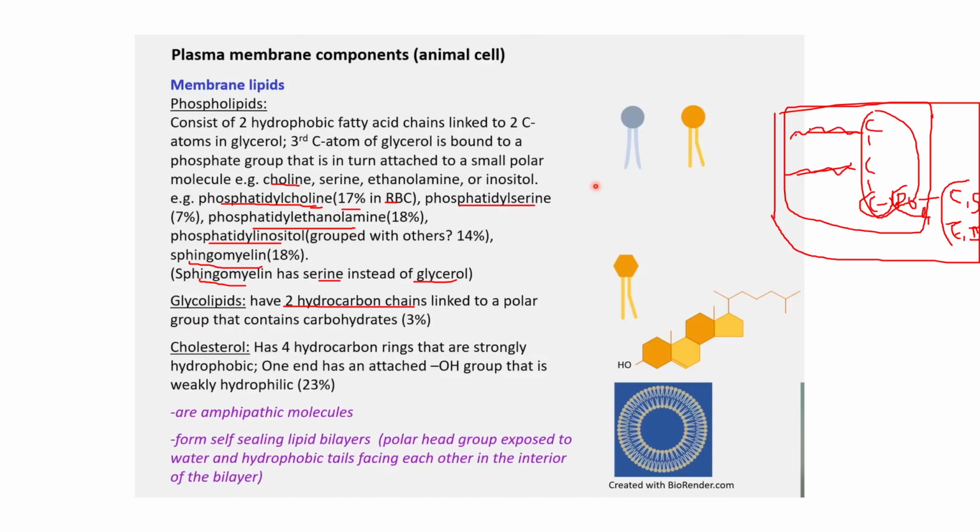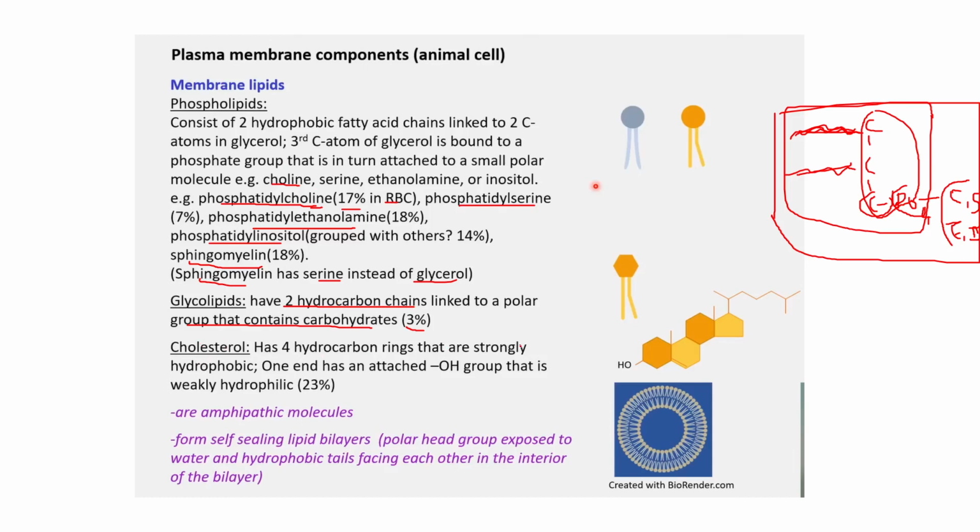Over here we discussed the fatty acid chain; in glycolipid, in place of the fatty acid chain, the hydrocarbon chain will be present and linked to the polar group, which contains carbohydrates. The two hydrocarbon chains are linked with the carbohydrate moiety, and that is the glycolipid part. Glycolipids constitute only 3% of the membrane lipid molecules.